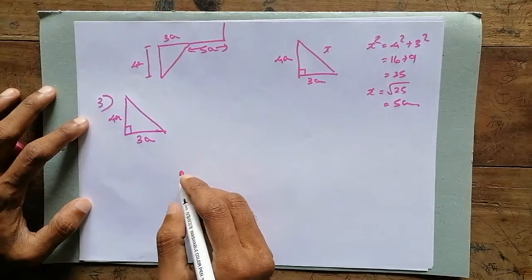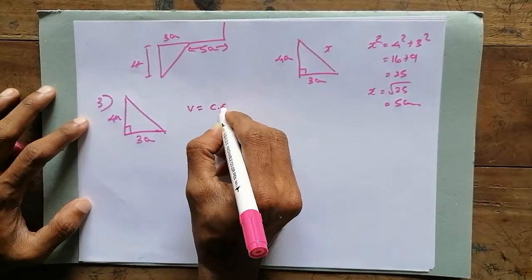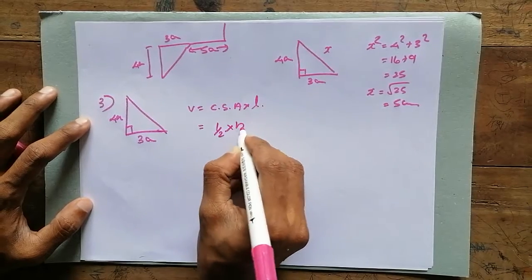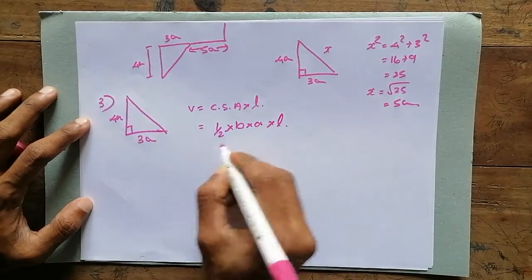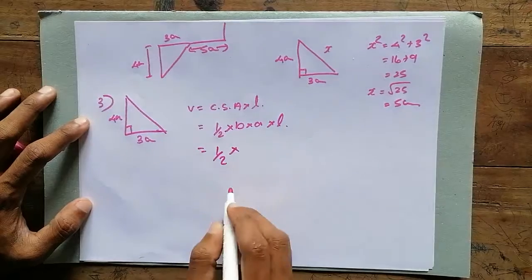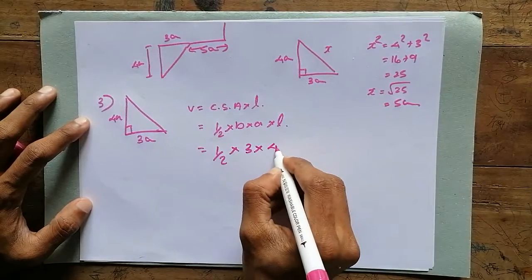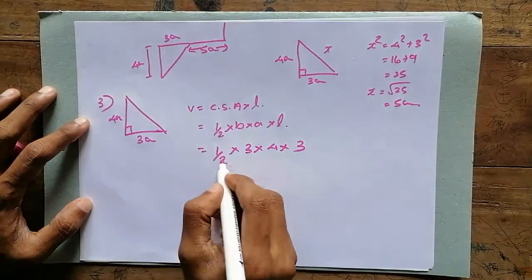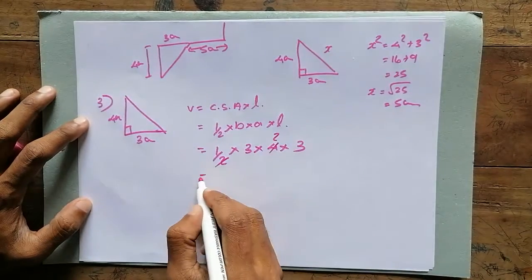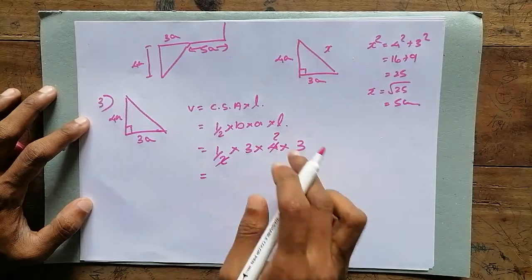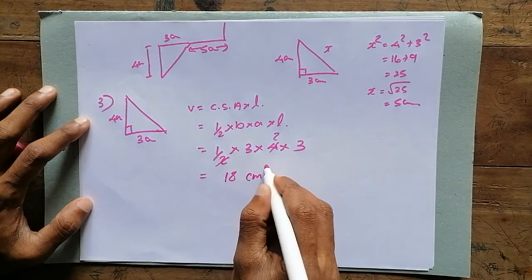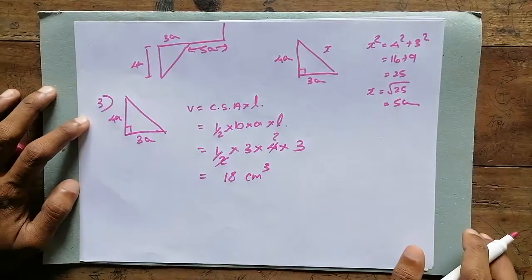They asked to find the volume. Volume equals cross-sectional area into length. So it is half into base into altitude into length. So half, base is 3, height is 4 and the length is also 3. Simplify it, it's 9 into 2, it's 18 cubic centimeter.